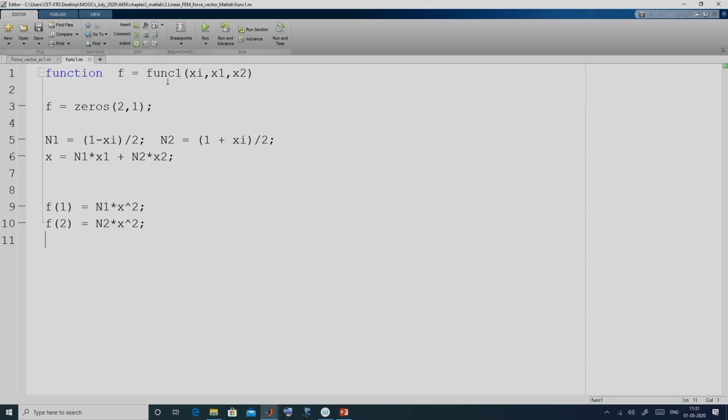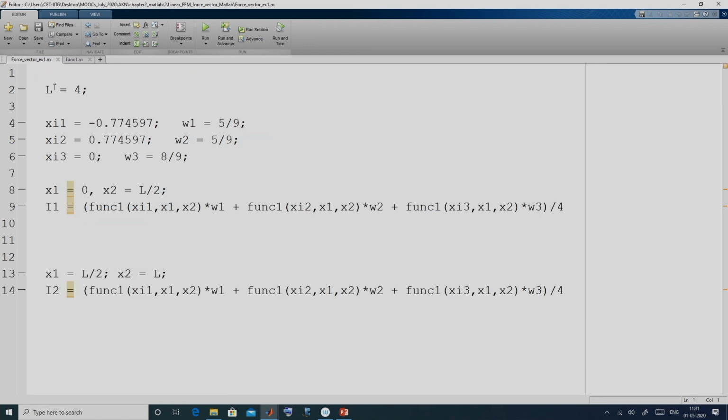Now, we call this function func1 in this program. These are the three Gauss points xi1, xi2, xi3. We are using 3-point Gaussian quadrature. These are the corresponding weights. We are taking L equal to 4.